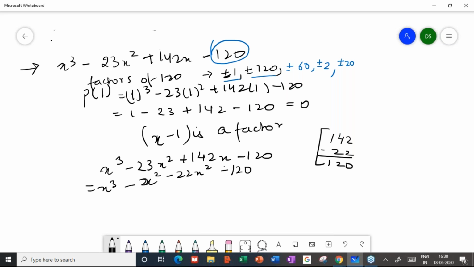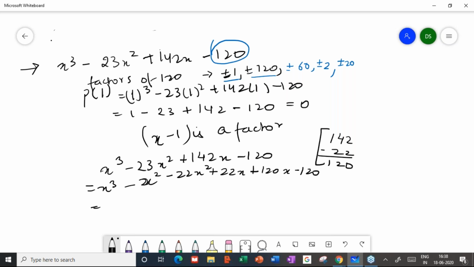I missed a 22. Yeah, plus 22x plus 120x minus 120.